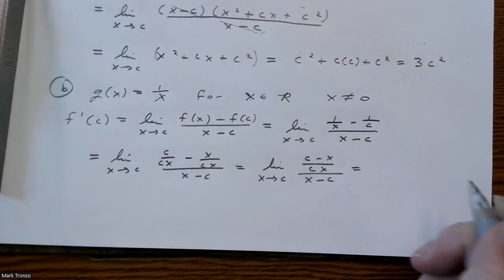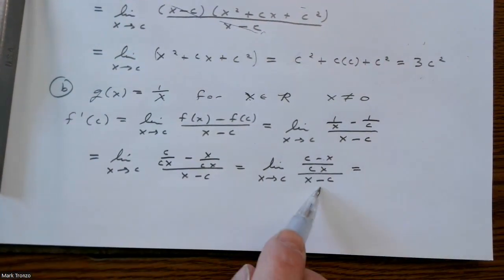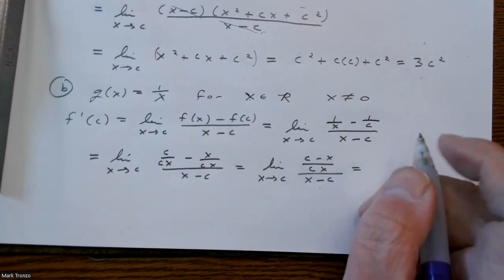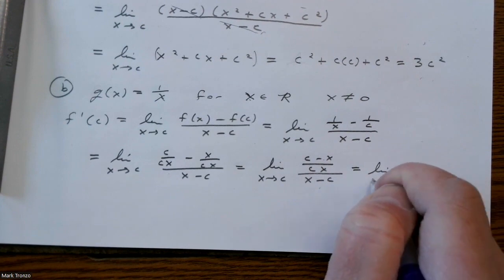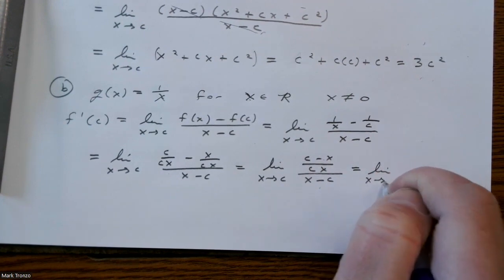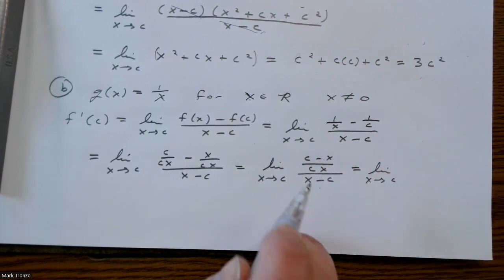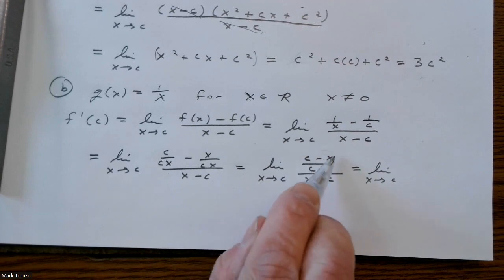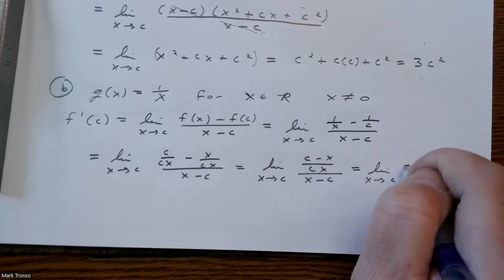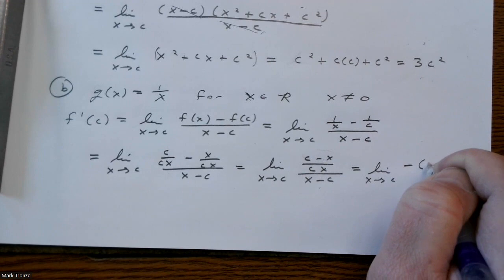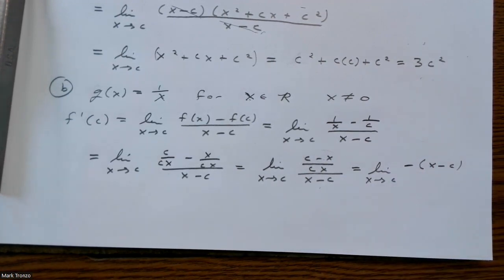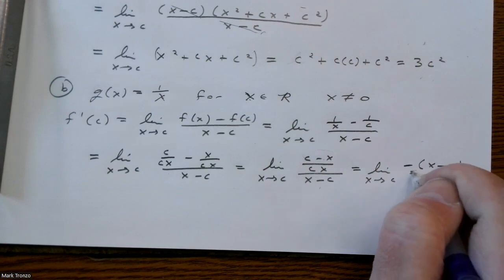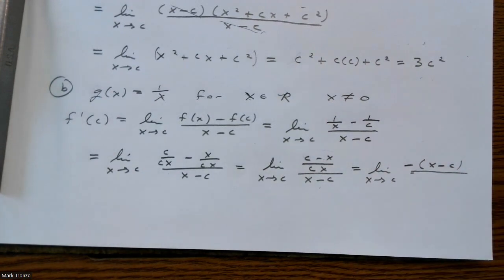Now notice that these are going to be opposite signs, so we'll have to change one of them. I'll make the numerator, I'll factor out a -1 so that it looks like the denominator, x minus c. All I did was factor out a -1. Then I'll bring the other ones down into the denominator.